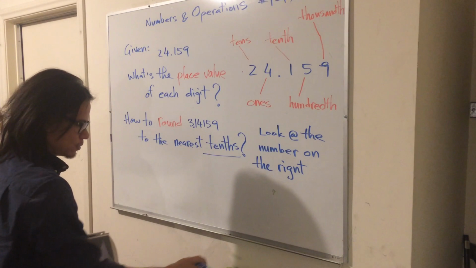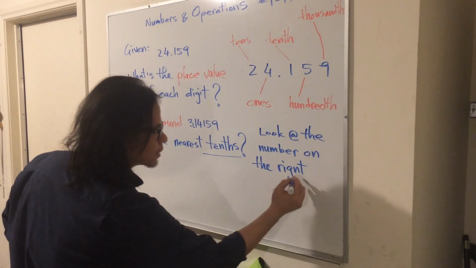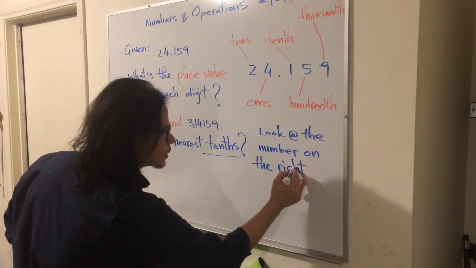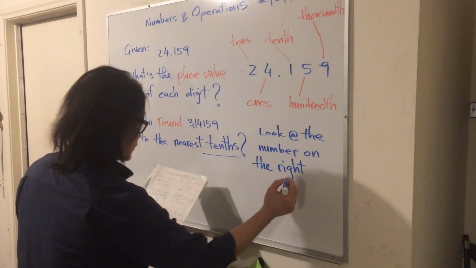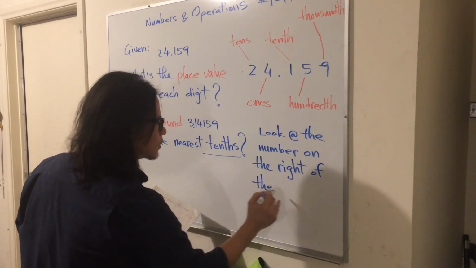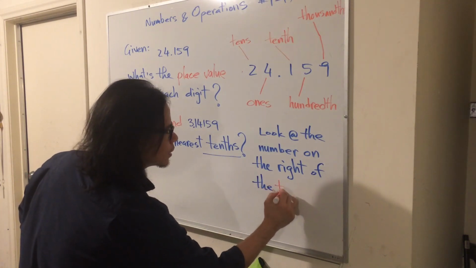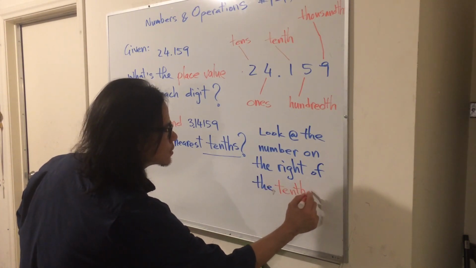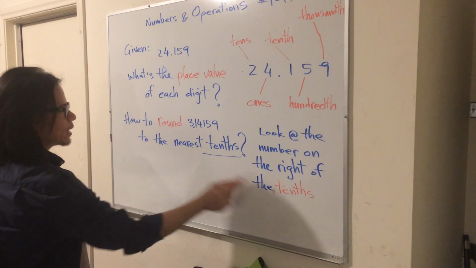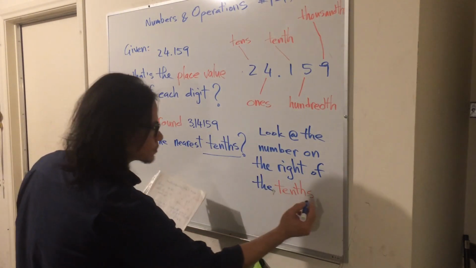Now it would help if you can spell the word right correctly. Yeah, I'll just change the N to a H. To the right of the tenth place. T-E-N-T-H-S. Okay, so this is what I underlined here. That's the place value that I'm aiming for.